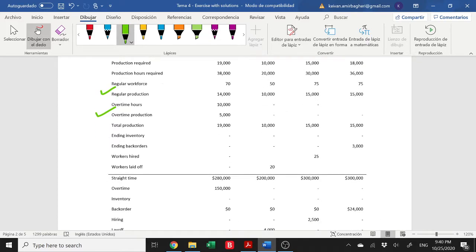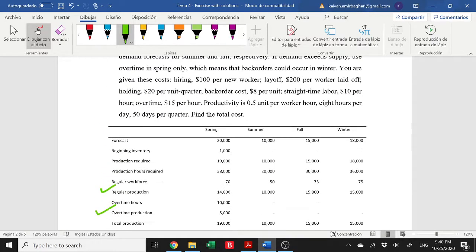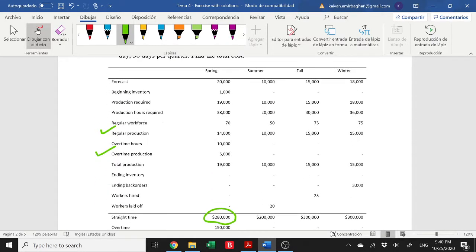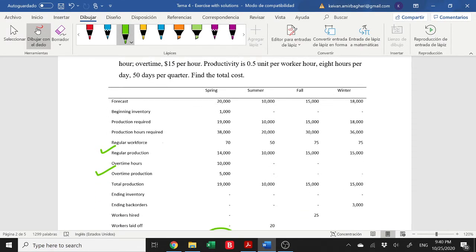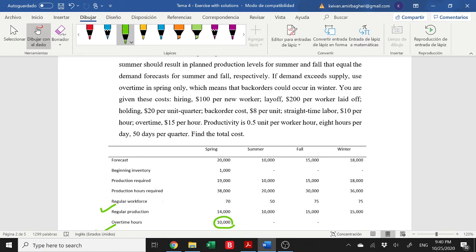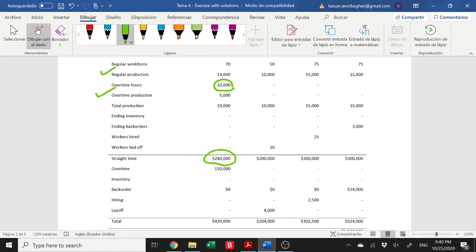We pay for the straight time $280,000, while for the overtime hours, 10,000 multiplied by 15 gives us $115,000.